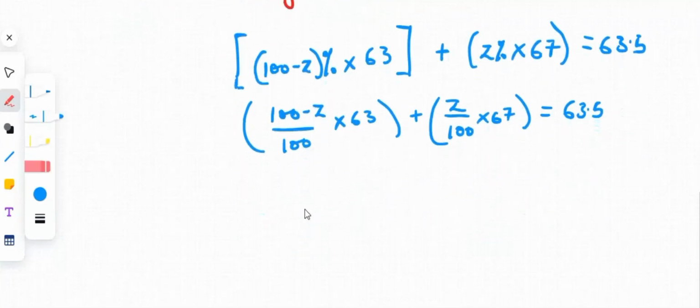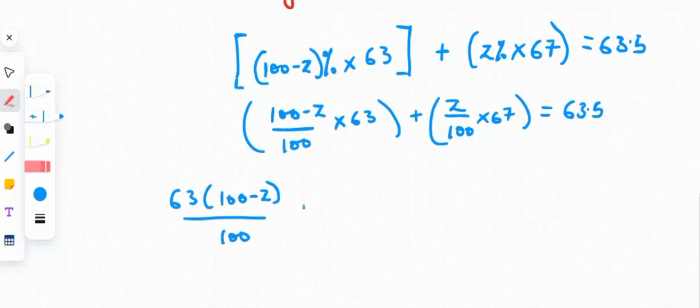So what that leaves us with, we have 63 into bracket 100 minus z all over 100 plus 67z all over 100 is equal to 63.5.